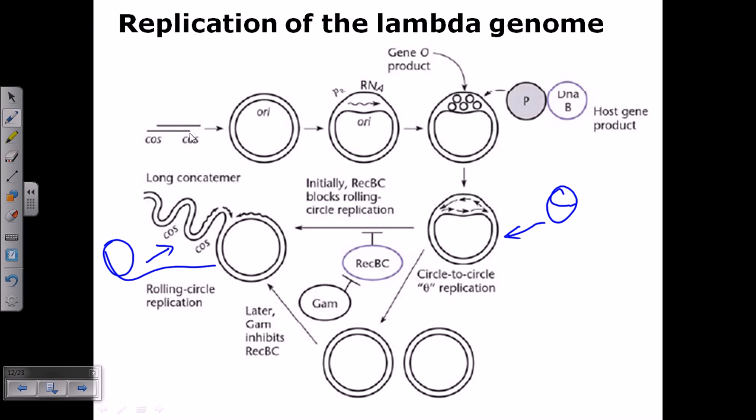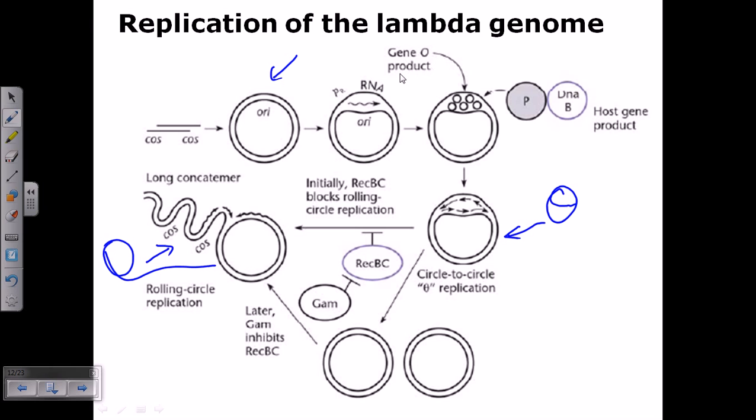For example, here using the cos site, it forms a circular DNA. Once it forms a circular DNA, from the origin of replication site, transcription begins and it starts to produce RNA, right? As it starts producing RNAs, they are also translated into a product called the gene O product. The gene O product is responsible for helping in the theta mode of replication.